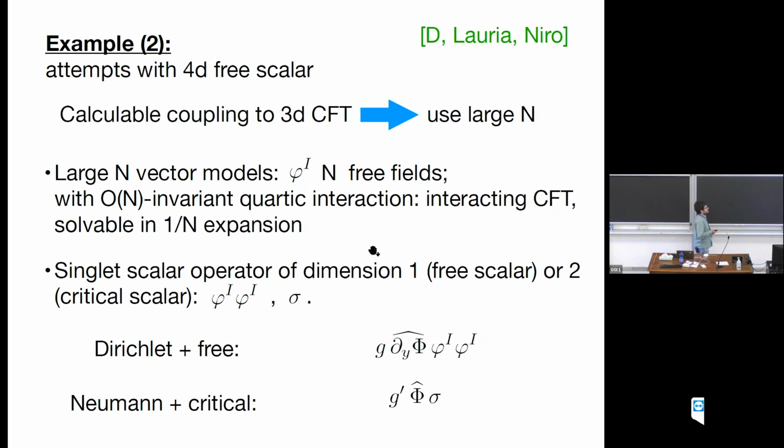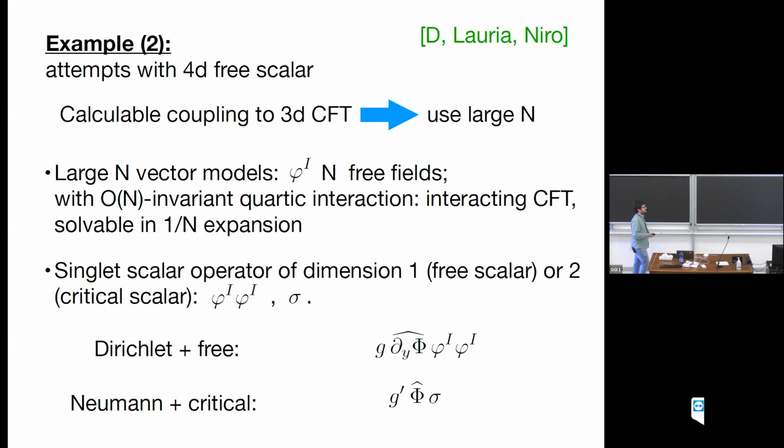And let me remind you that these two CFTs, the free and the critical O(N) model, have a singlet scalar operator of dimension 1 in the case of the free scalar, which is just this phi I squared, or dimension 2 in the case of the critical scalar. This is the operator that replaces phi I squared in the critical theory, and that's dimension 2.